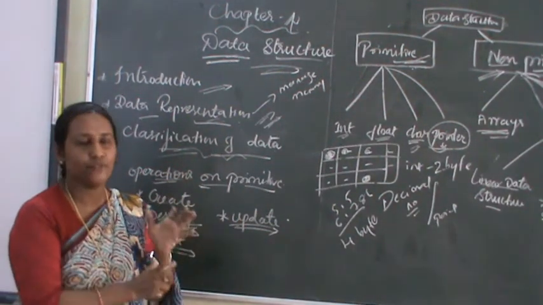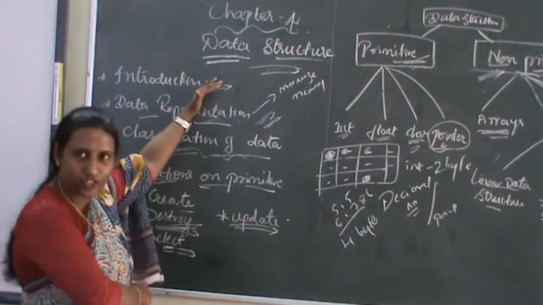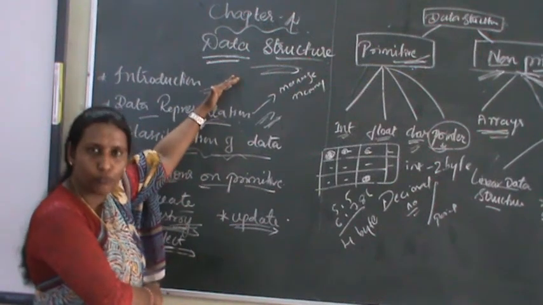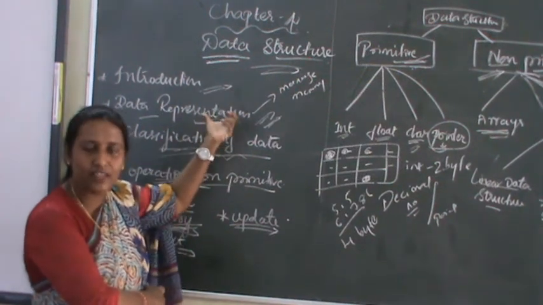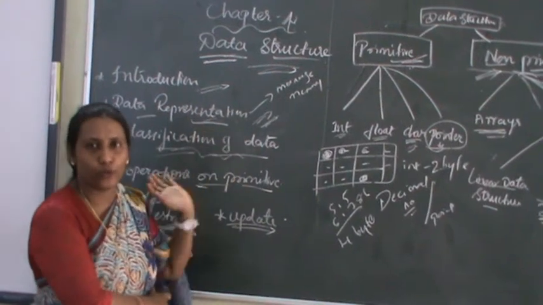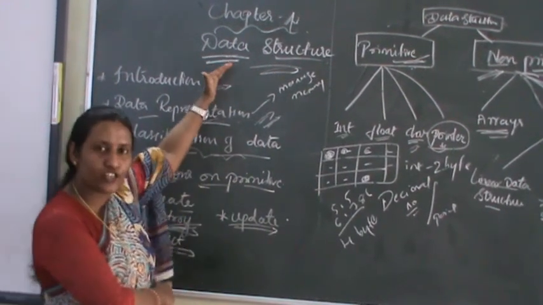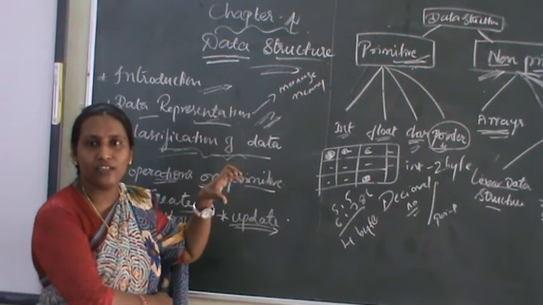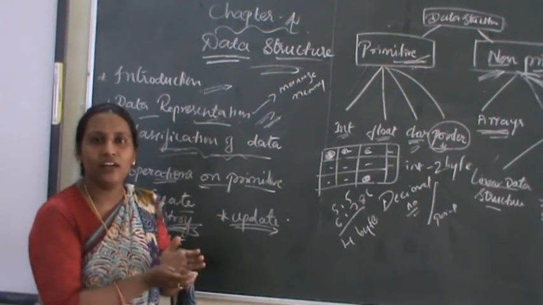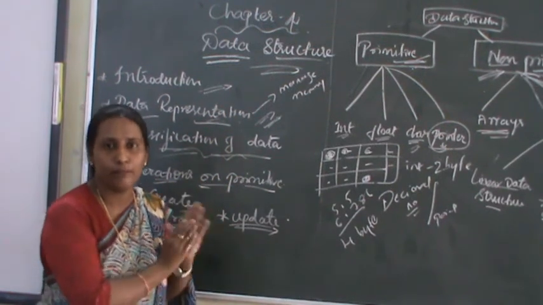In today's class we studied what is data, and what is data structure. Data is nothing but a collection of raw facts which need to be processed. Data structure is nothing but a way of organizing or managing data in order to allocate the memory space.